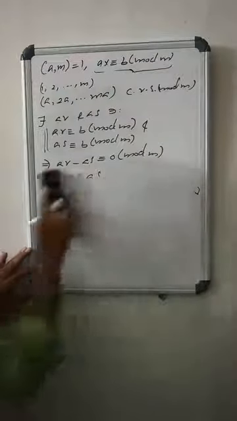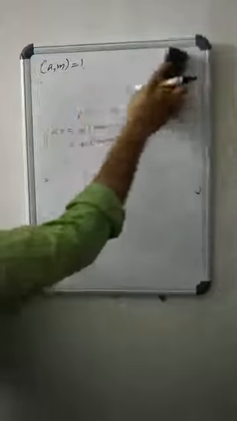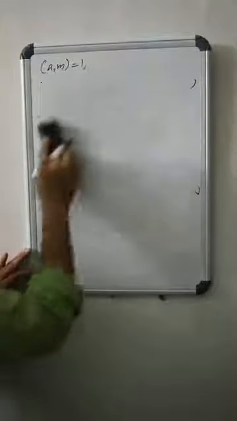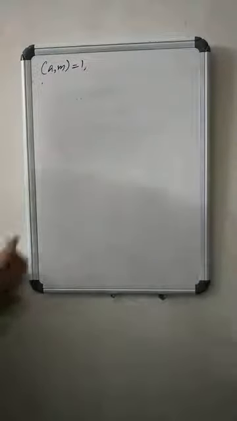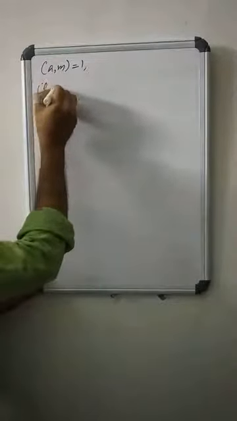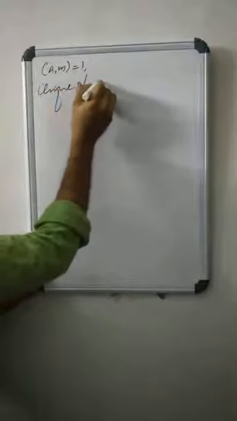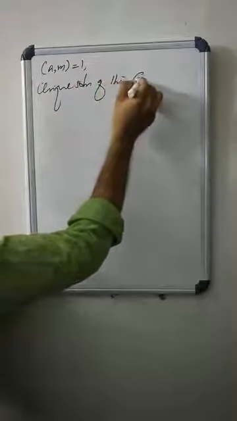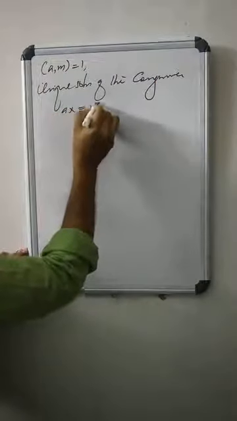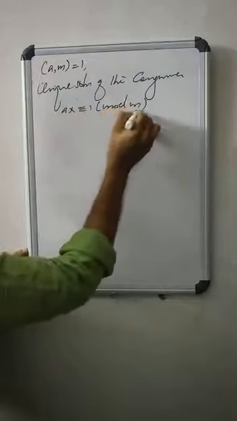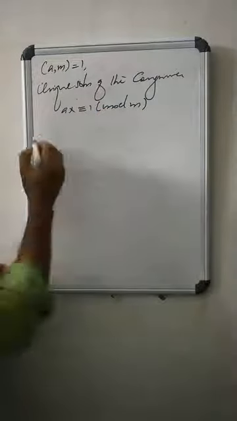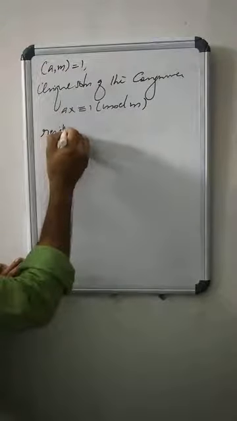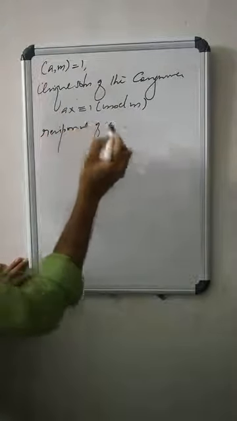Now come to a definition. Suppose a and m are relatively prime, that is, gcd of a and m equals 1. Then the unique solution of the congruence ax ≡ 1 mod m is called the reciprocal of a mod m.